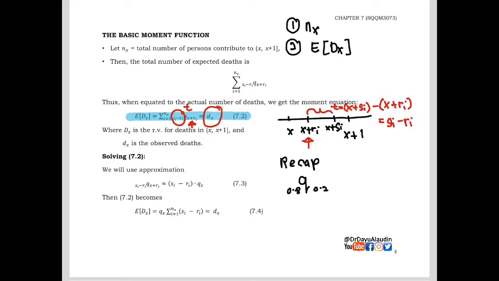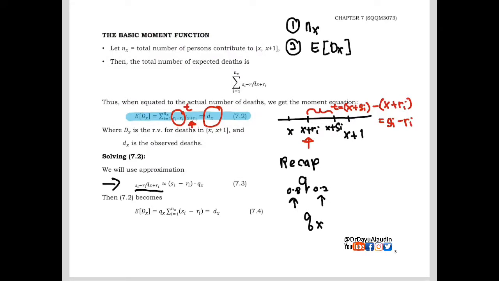We call it fractional age, and then we can use the approximation to calculate qx, because x and t are not in terms of integers.